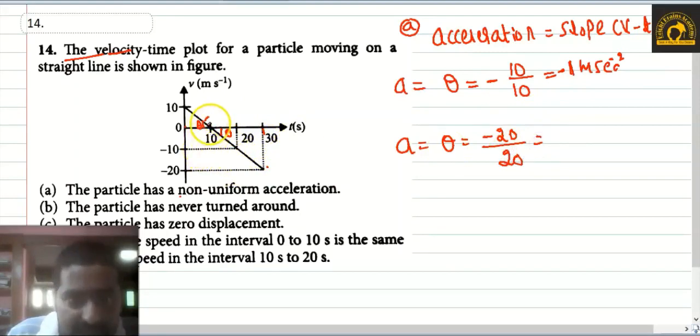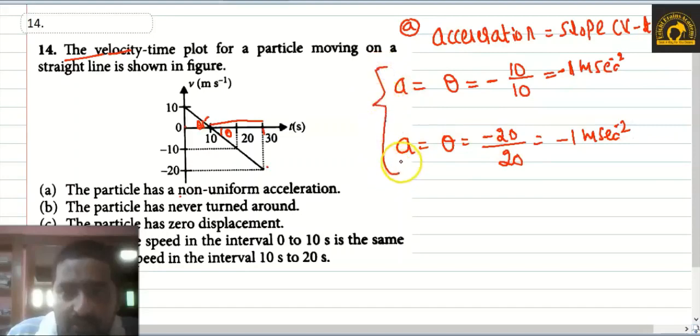This is the adjacent side. So that is equal to minus 1 meter per second square. So the acceleration is uniform because the acceleration is constant. The option saying non-uniform is wrong, so this option is not right.